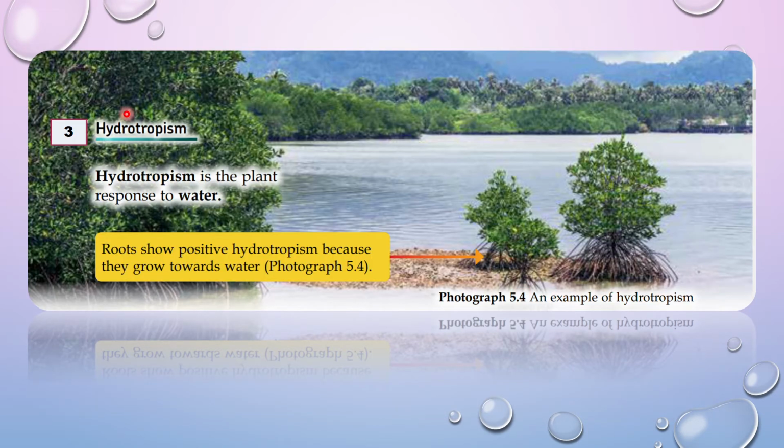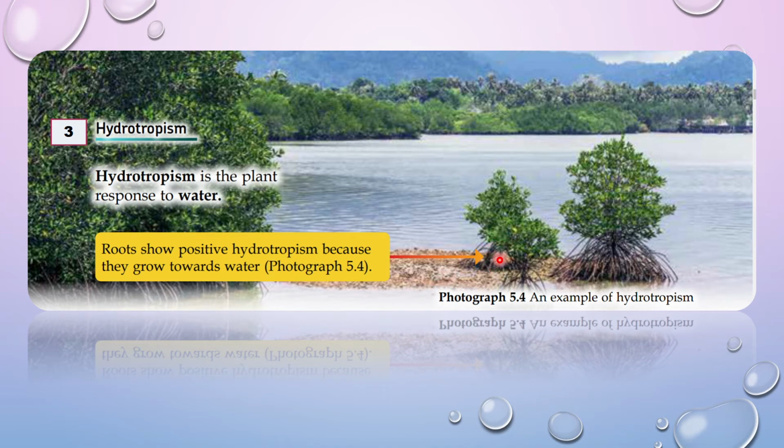Okay, so the third type of tropism is hydrotropism, which is the plant response to water. And again, the roots here are showing positive hydrotropism because they grow towards water. And what is the significance of that? Okay, you know that the roots are the main organs for absorption of water and mineral salts, and therefore they always seek the source of water.